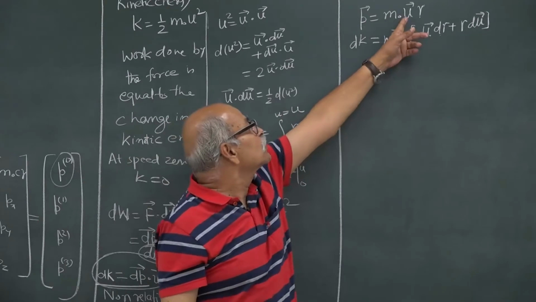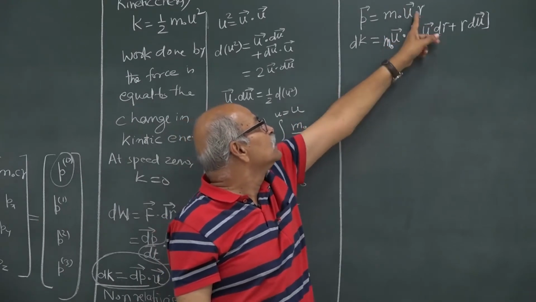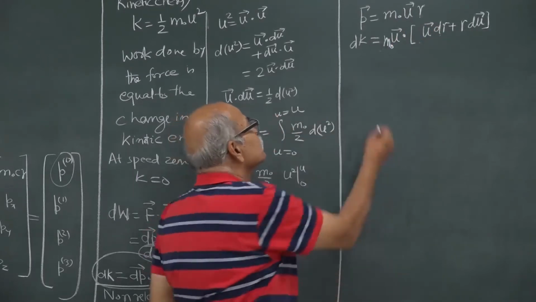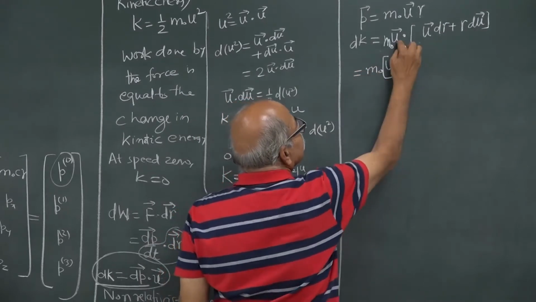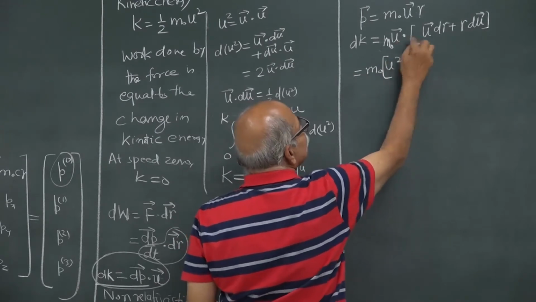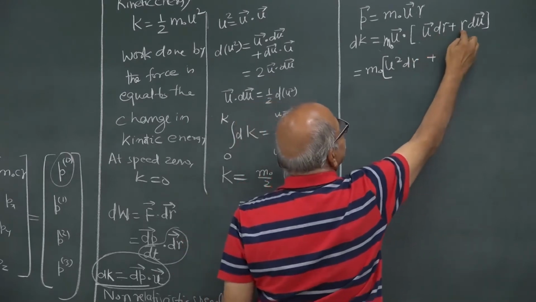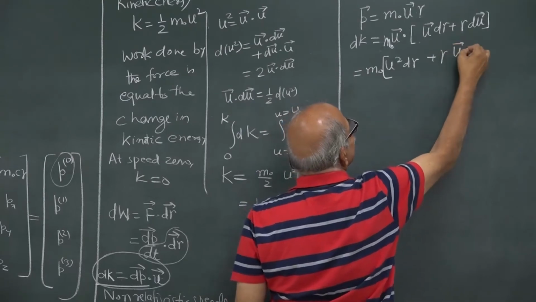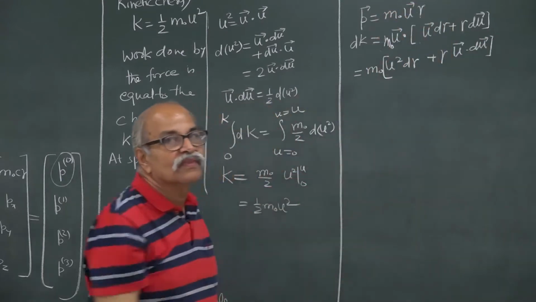This is the product of the two functions, both are functions of u. So, u d gamma plus gamma du, and then u dot is here. So, this is equal to m naught, and then u dot u, which is u square d gamma, plus gamma and u dot du here.